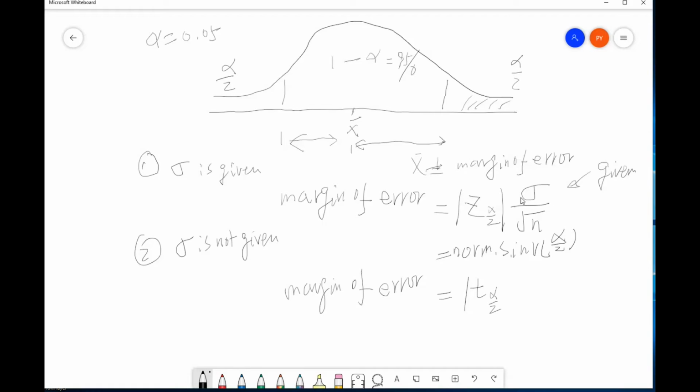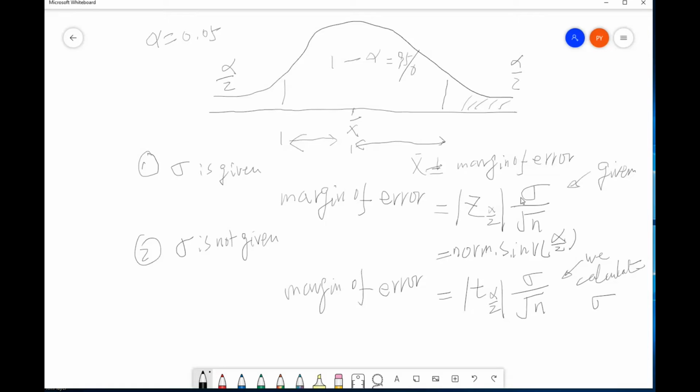So this is also half alpha, times s over the square root of n. And the difference is we calculate s, the sample standard deviation, instead of sigma.